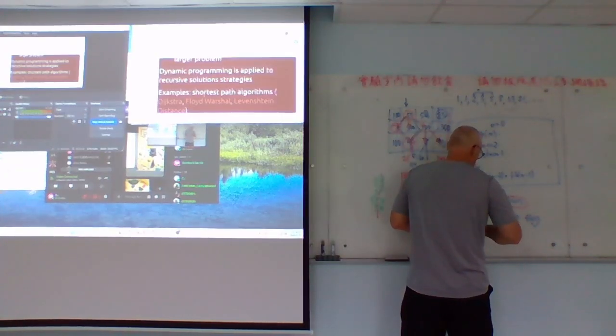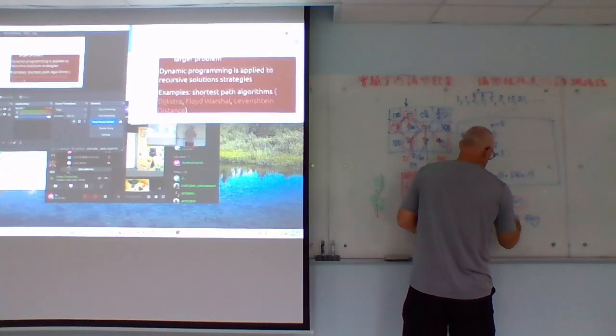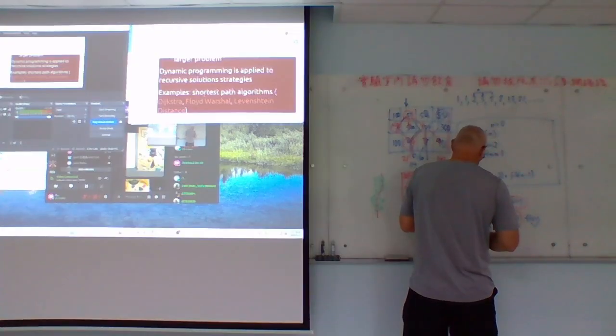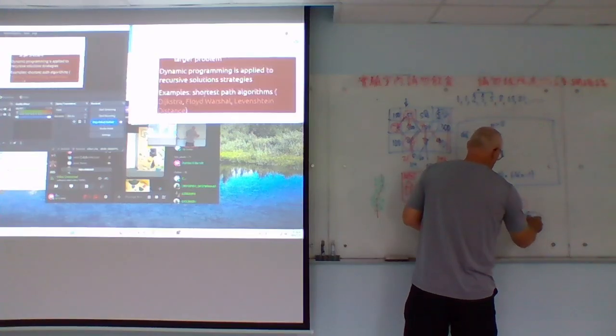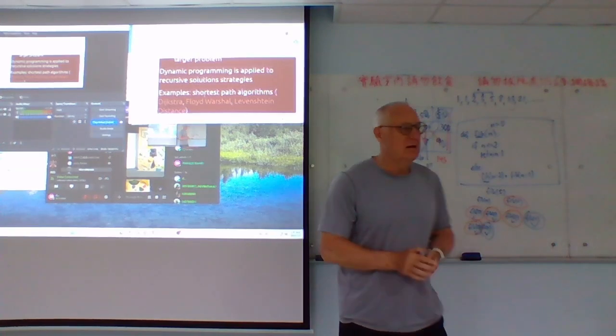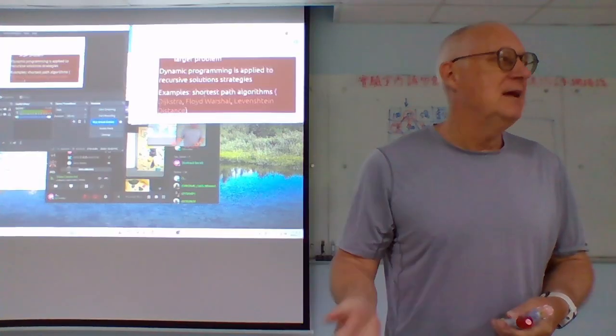Fibonacci of 2, I calculate 3 times. 1, 2, 3. And Fibonacci of 1, I calculate 1, 2 times. So you can see that actually a lot of the work that I'm doing, I'm repeating, right?